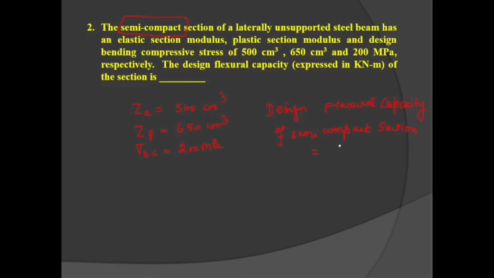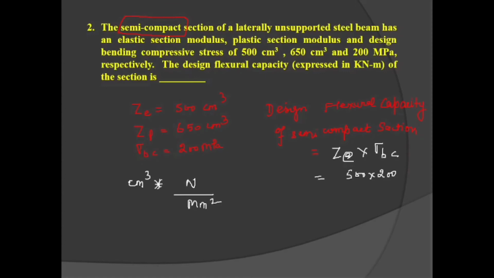That's why ZE is multiplied, not ZP. ZE into sigma BC, that is 500 into 200 megapascal. Let's balance the units: centimeter cube here, Newton per mm square here.